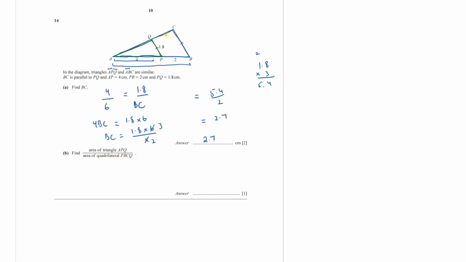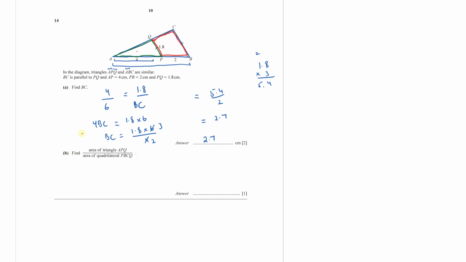Part B is, find the area of triangle APQ over the area of quadrilateral PBCQ. So now you're looking for APQ. APQ is this green one. And let me mark this quadrilateral in red here. So now you have to find the ratio of the area of this green triangle over the area of this red quadrilateral.